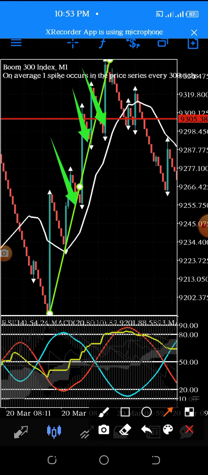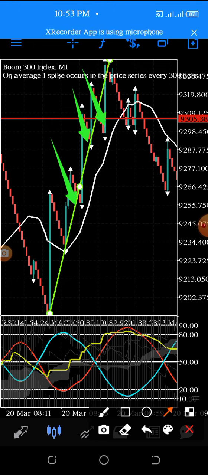When you are very close to it, don't even wait, because if you wait for it to touch, you may be executing a buy order after it has already spiked, so it is now going against you. So the best thing is, when it's very close to the trend line you have drawn, you execute your buy order. When it hits it, it will spike up.